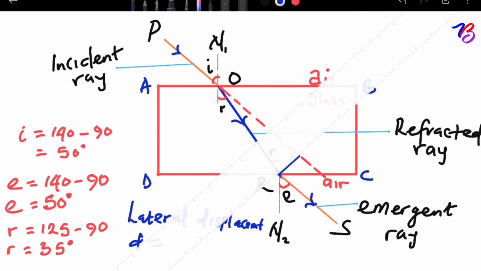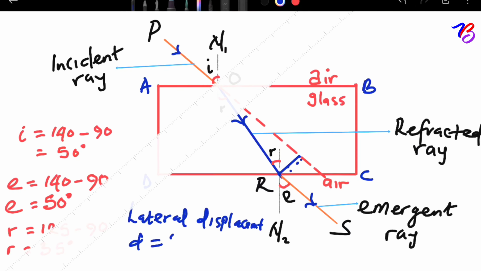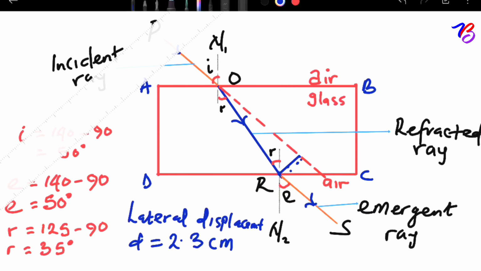So you draw a straight line to meet your supposed incident ray. Are we here? So you measure the distance. So you can see this 1 centimeter, 2 centimeter. This is about 2.3 centimeters. So our D is 2.3 centimeters, which is the lateral displacement. Are we together? Then, not forgetting your angle of deviation based on the incident ray.